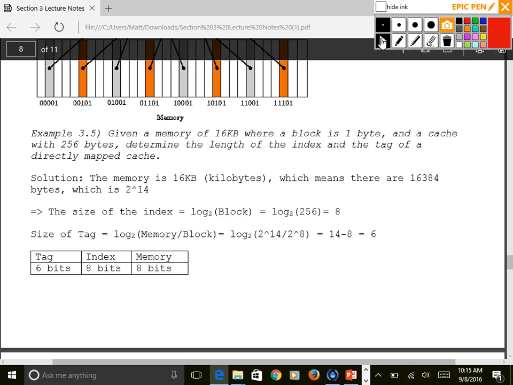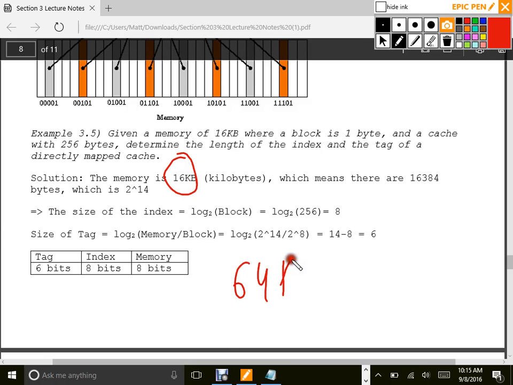64 kilobytes is actually 65,536. Am I assuming that you all knew that? You shouldn't have. Okay, so sometimes when you see somebody say 16 kilobytes, that doesn't actually mean 16 on the nose. There's a notation, and they want to have the closest power, right?